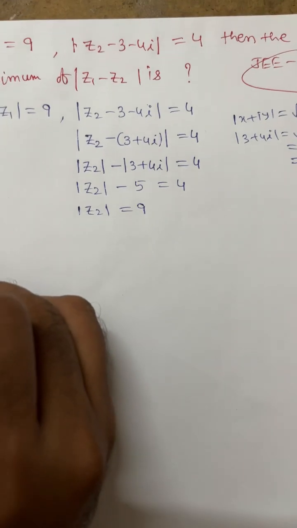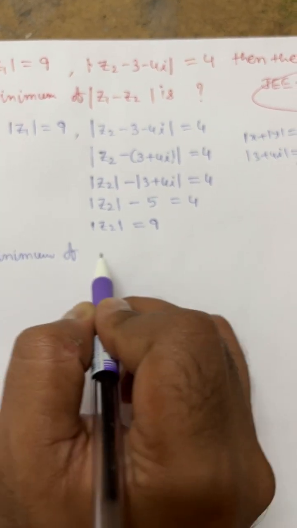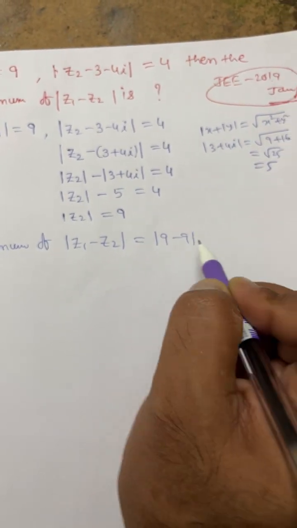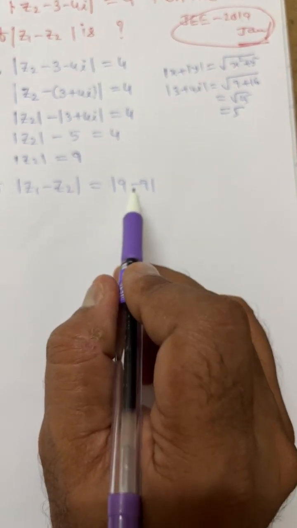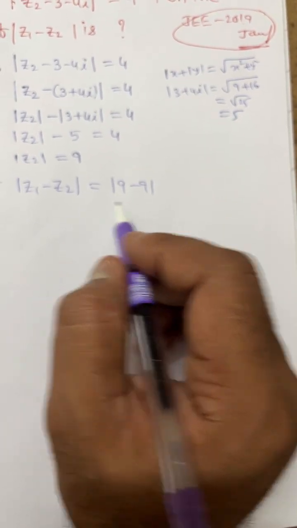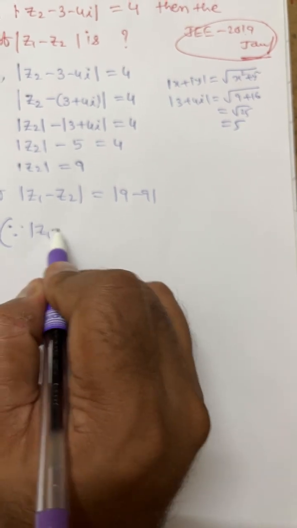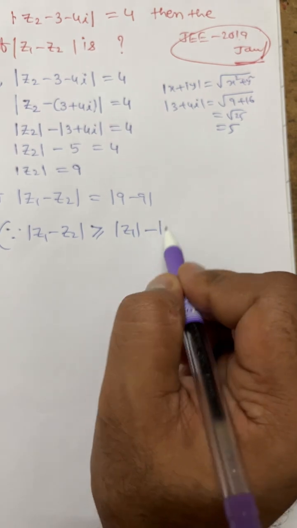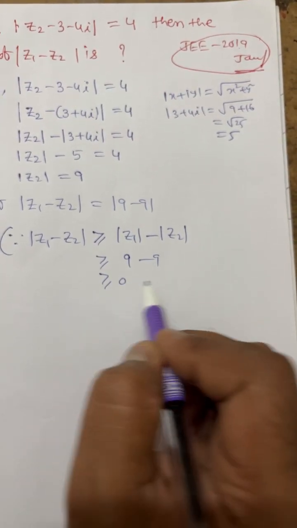So the minimum of mod z1 minus z2 is equal to 9 minus 9. But before writing this, we have the formula: mod z1 minus z2 is greater than or equal to mod z1 minus mod z2. So we can write it as 9 minus 9, which is anyway 0.